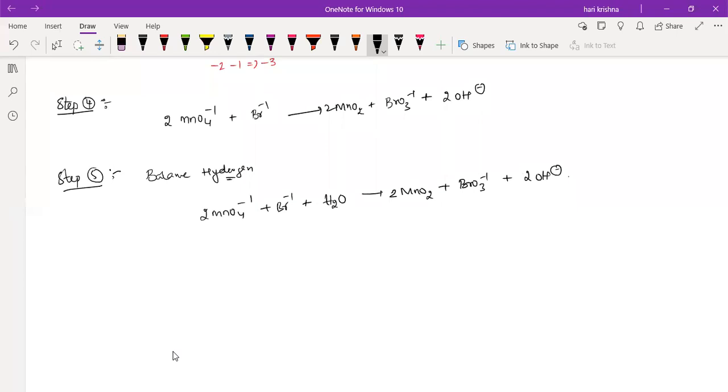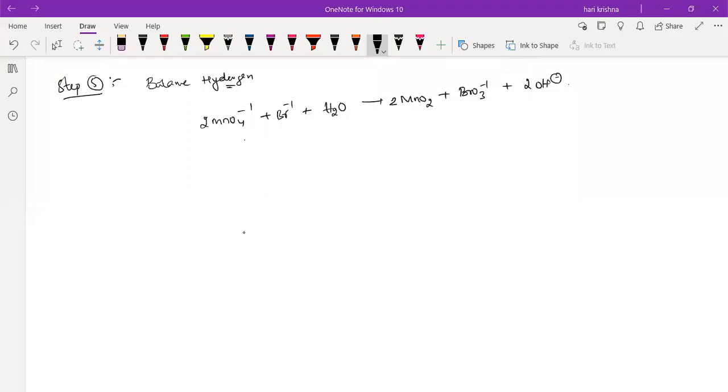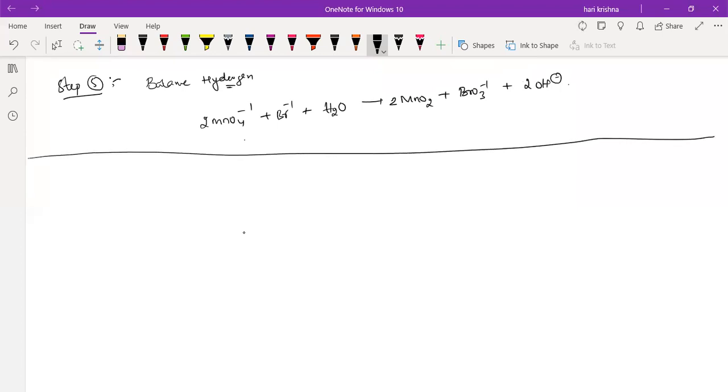Abhinay and Pravalika, you can unmute yourself and speak. Next question: P4 plus OH minus 1 will produce PH3 plus H2PO2 minus 1.